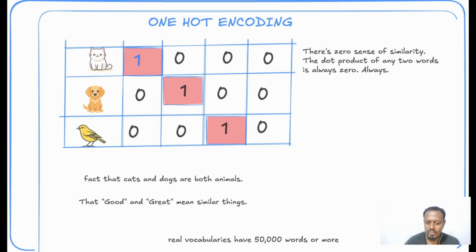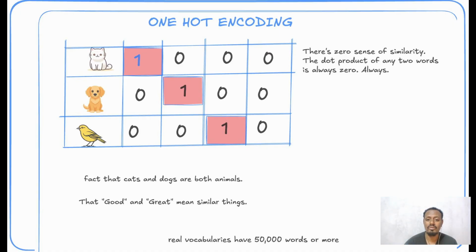So cat is 1 0 0 0 0, dog is 0 1 0 0 0, bird is 0 0 1 0 0. Now no word has a higher or lower number than another. No false ranking. Every word just has a different slot. Problem solved, right? Well, kind of.